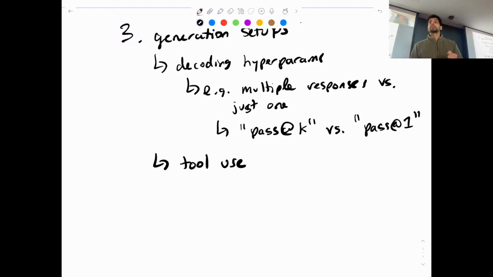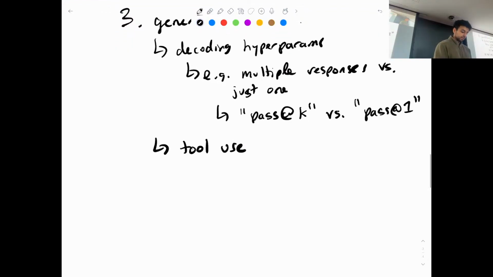And other benchmarks may be like, you can use whatever you want, your system can interact with anything, it just has to pass these tests, and that's what we're rating. So we'll talk more about this later if it doesn't make sense now, if you're thinking, how can an LLM run a program? We'll discuss that more in the next few lectures.